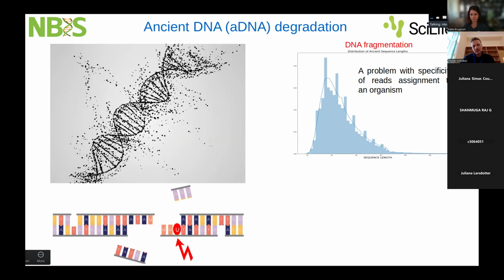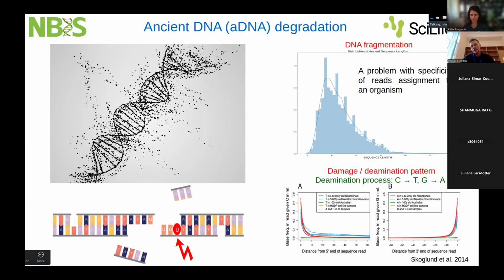There is this deamination, strange chemistry going on, giving you artificial transition mutations, and people realized a long time ago that this is a gift. Yes, it makes pop-gen analysis difficult because it gives you some non-germline mutations, so to say, and complicates population genomics analysis.